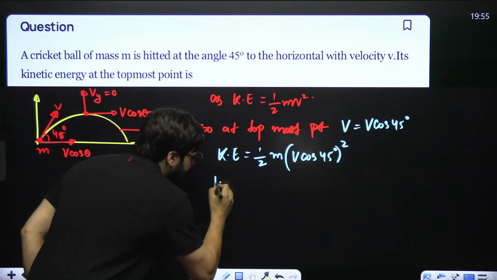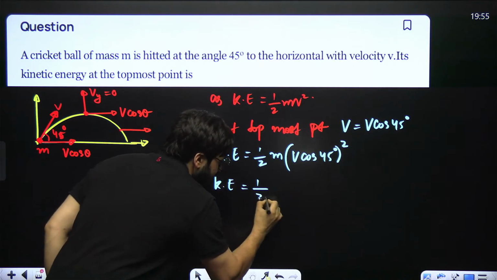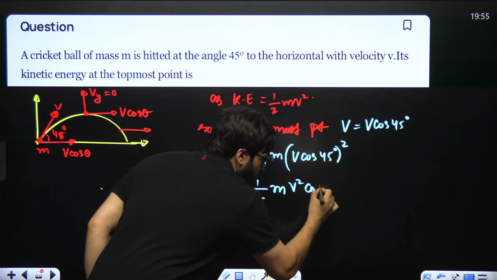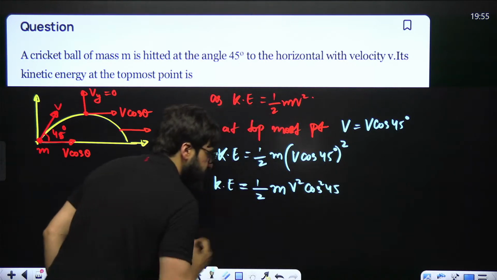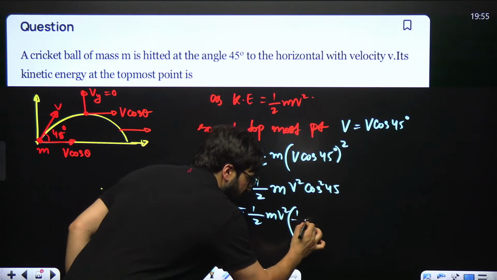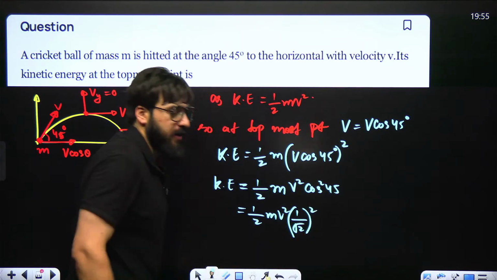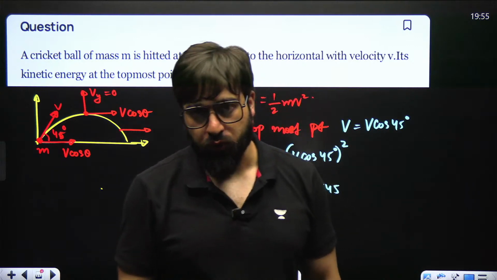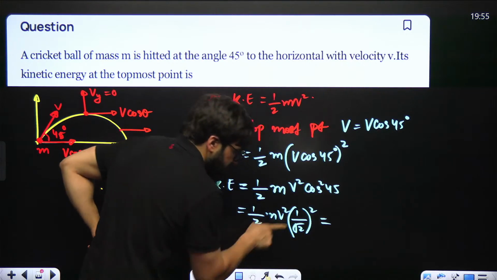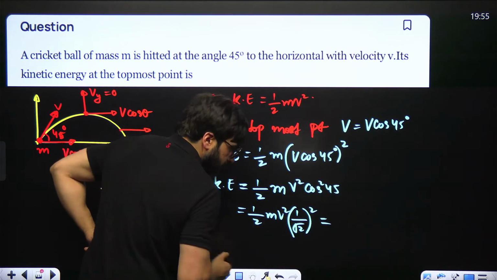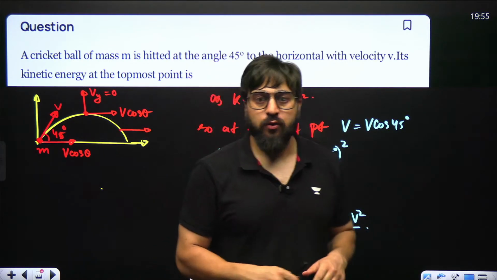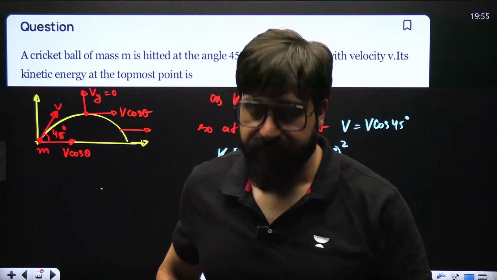So kinetic energy is 1 by 2 m v square cos square 45 degrees. Cos 45 is 1 by root 2, and if you square it, it becomes 1 by 2. So 1 by 2 into 1 by 2 becomes 1 by 4. So mv square by 4 is the correct answer.